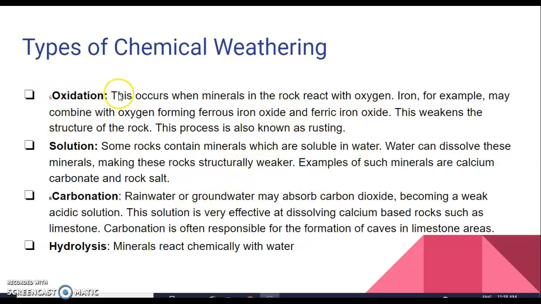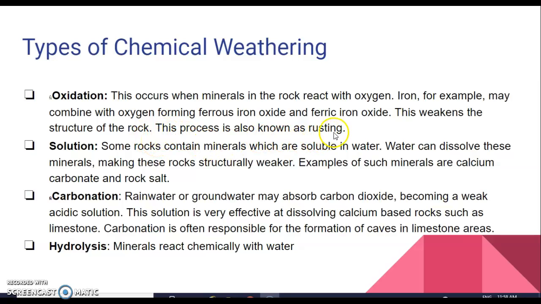All right, let us start with oxidation. Now, when minerals in a rock react with oxygen, that process takes place. For example, iron may combine with oxygen, forming either ferrous iron oxide or ferric iron oxide. This causes the rock to weaken in structure and eventually break up.